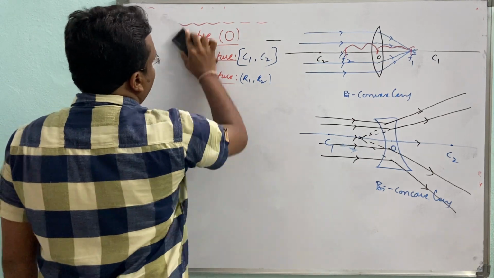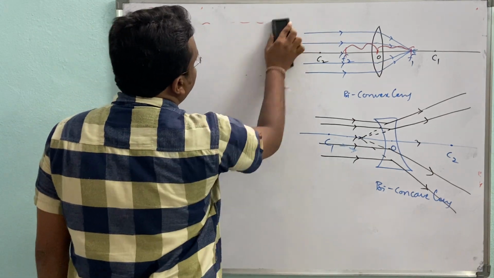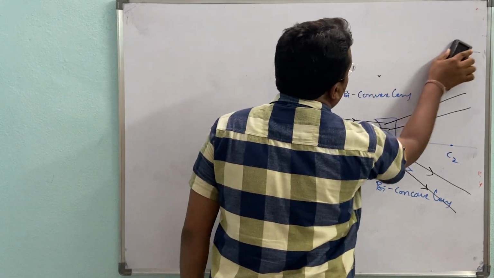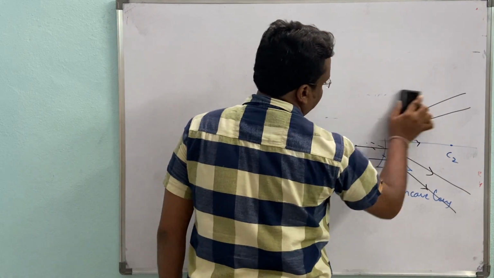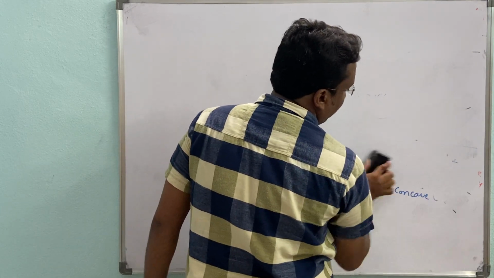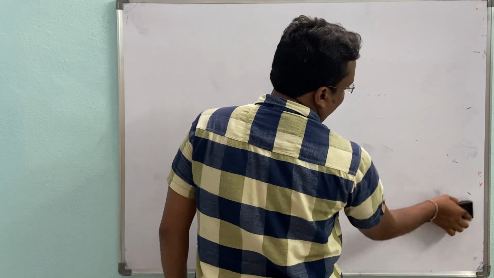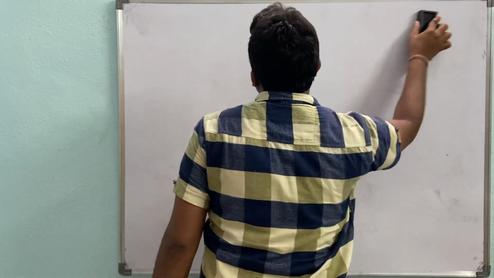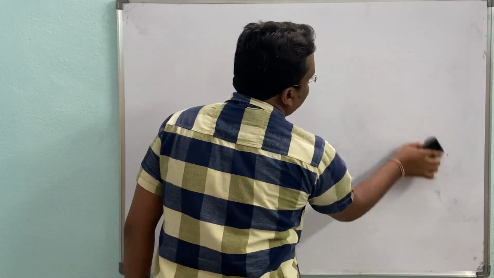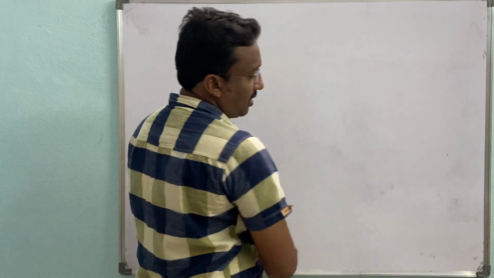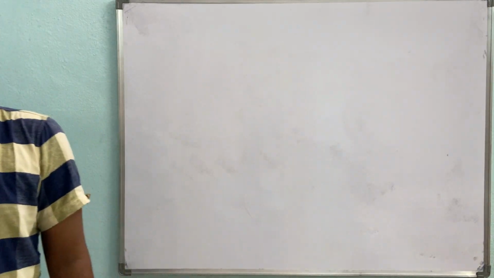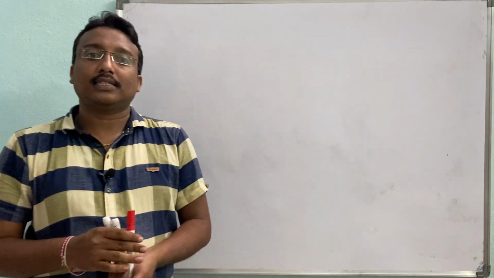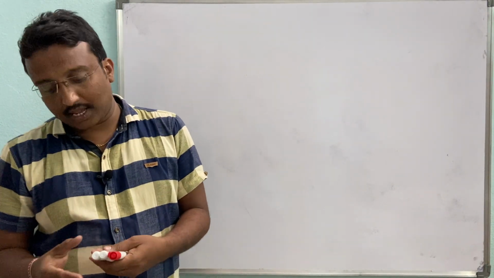Next, one more important topic, that is rules to draw the ray diagrams. What are the terms we discussed here? Optic center, center of curvature, radius of curvature, principal axis, focus and focal length, right?